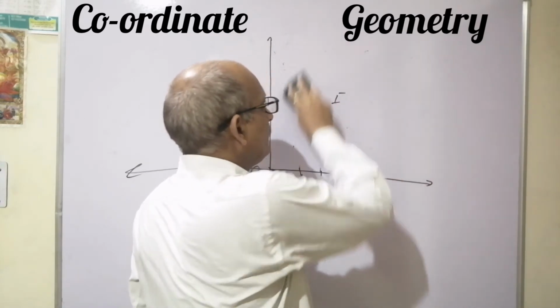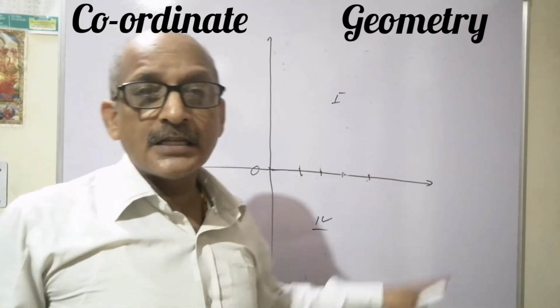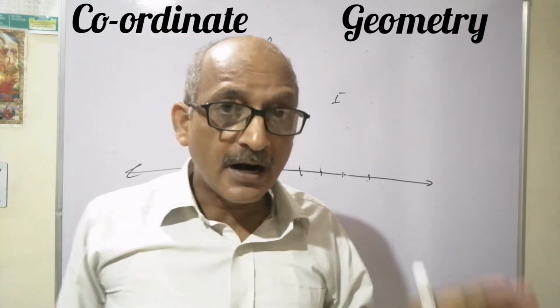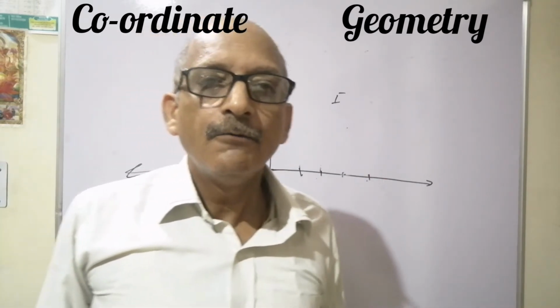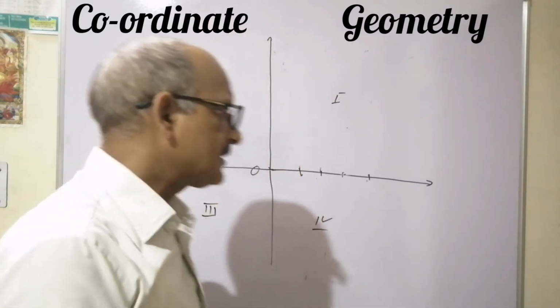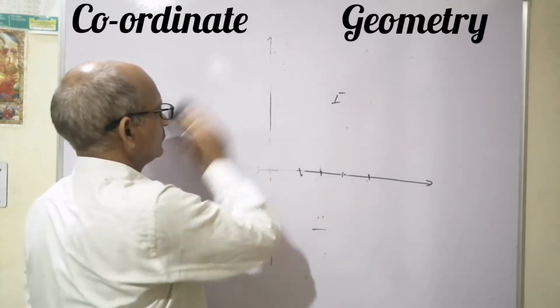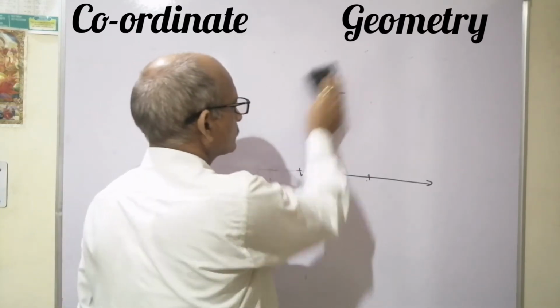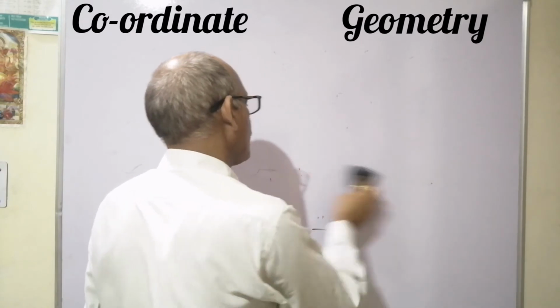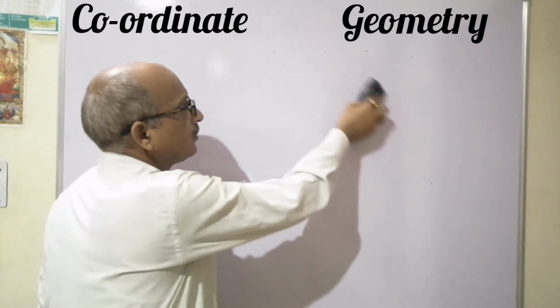First of all, we have to talk about the sign convention. To come to the sign convention of the coordinate plane, first we have to go to number lines. Here one new word will come to you, dimension.